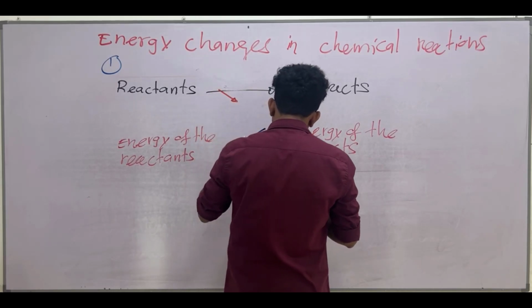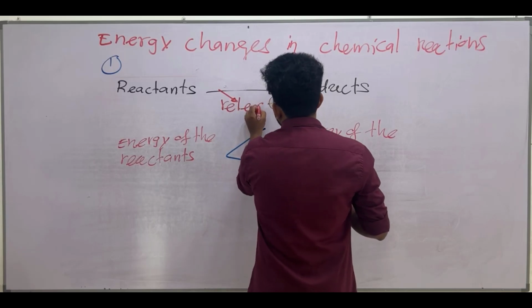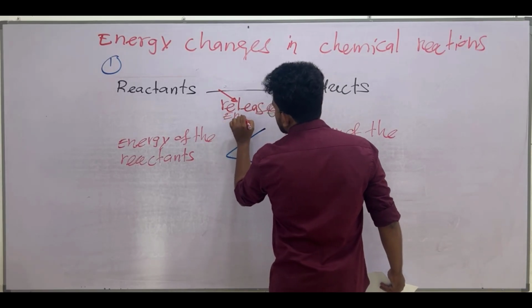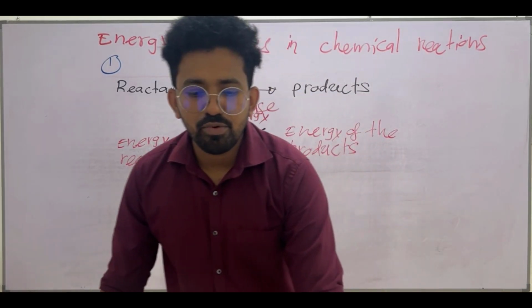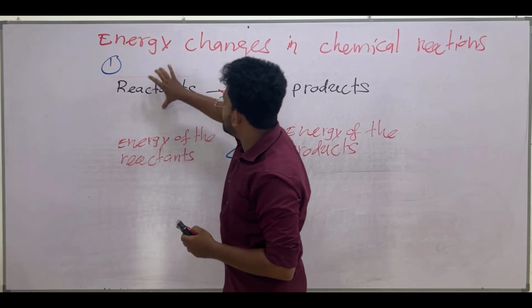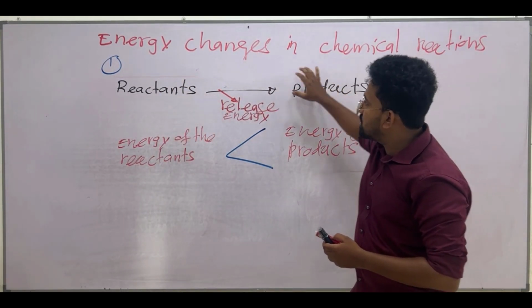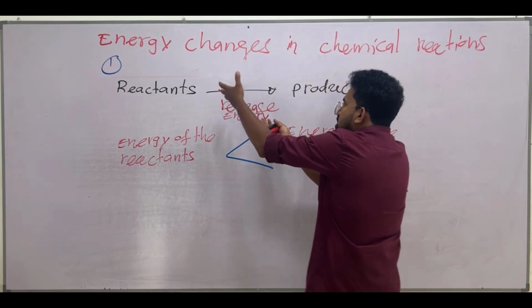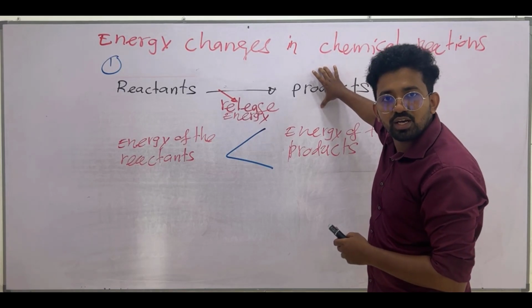Now this one absorbed energy, but this reaction will release energy. Initially there was some energy in the reactant. When the reaction occurs, the reactant has removed some amount of energy and it will form product.